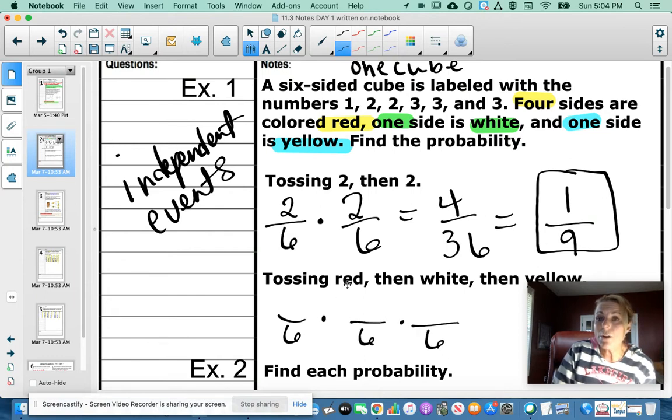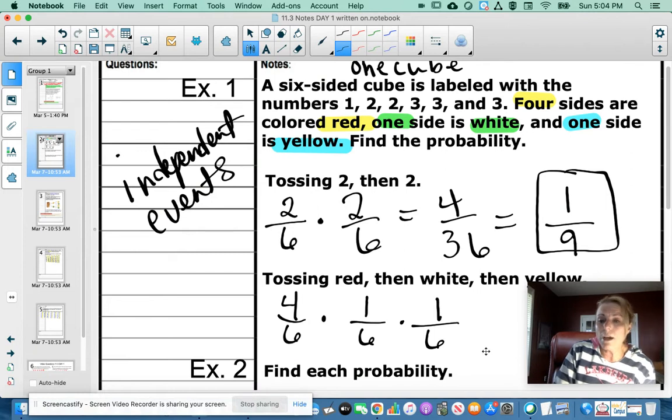How many reds are there? 4 sides are red. So I have a 4 out of 6 chance of rolling the cube and it landing on a red side. Then I pick up the cube and roll it again. I have a 1 out of 6 chance of getting a white because there's only one side that is white.